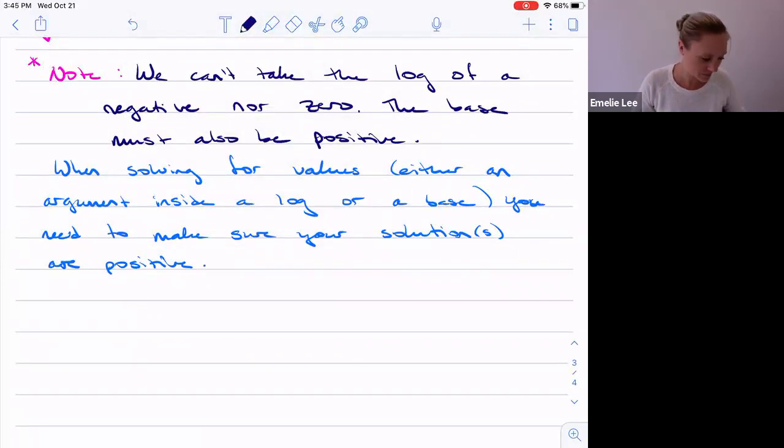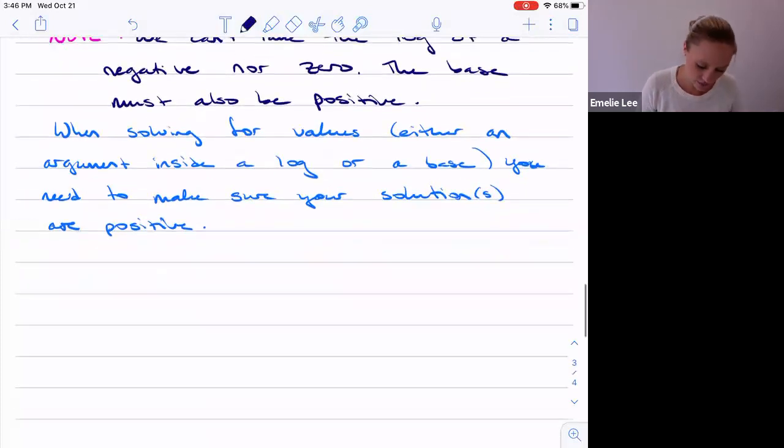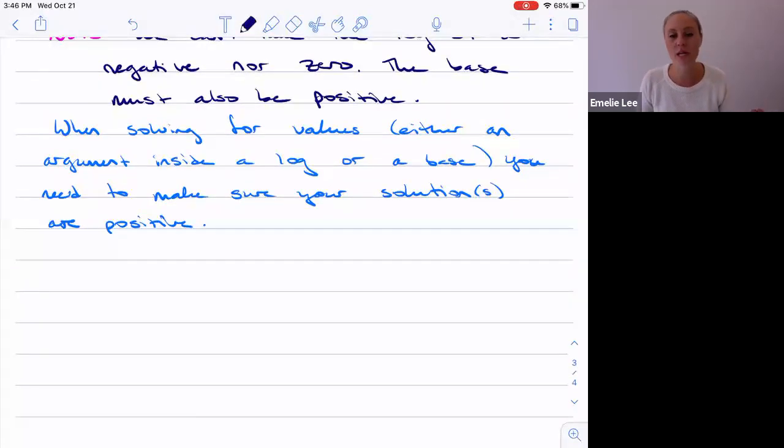So we can break these things down into 4 general types of logarithmic equations that we need to be able to solve for. We'll go through those types, and then I'll do an example of each of them and how we would solve them.